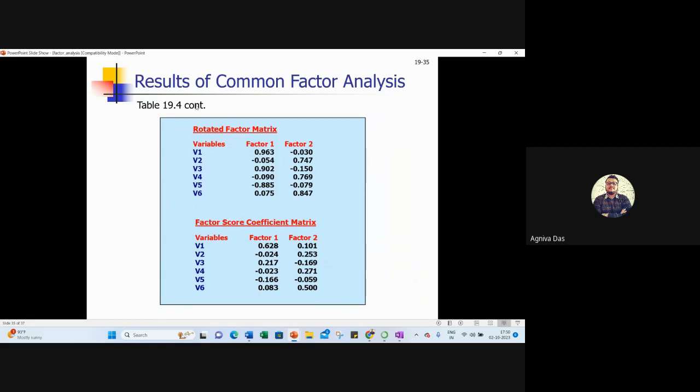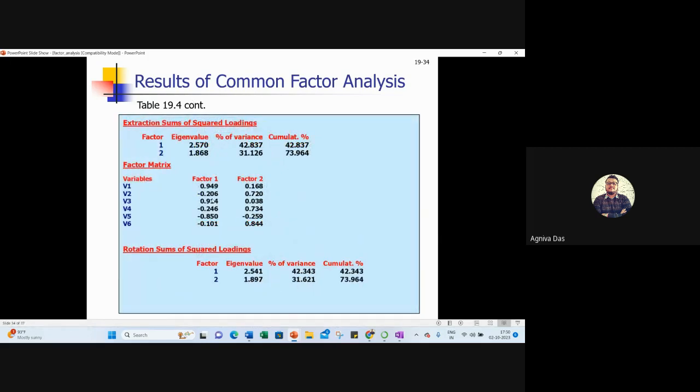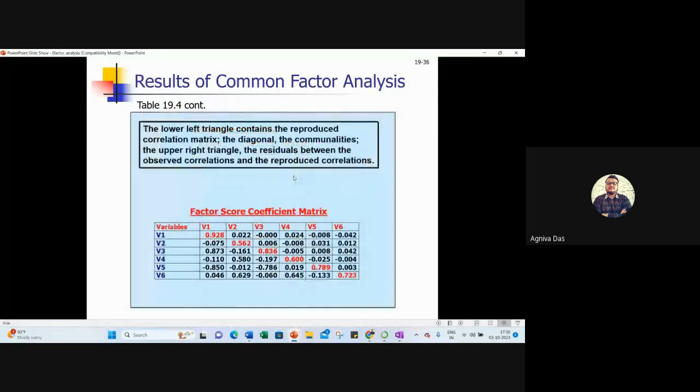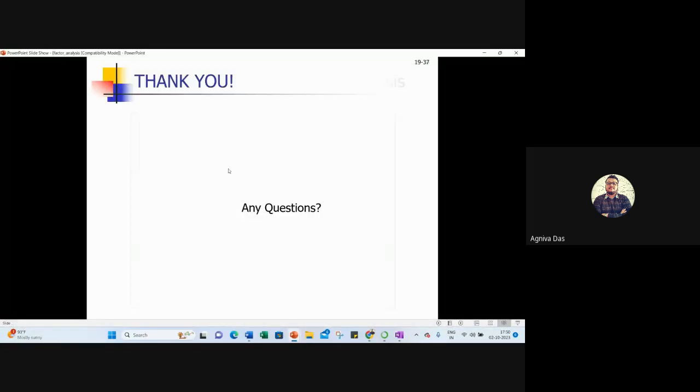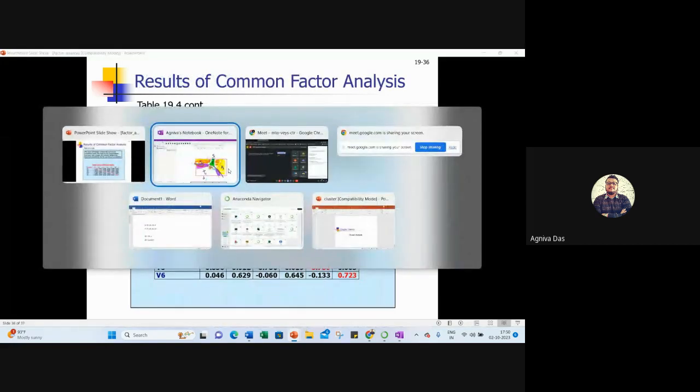As you can see, this is the factor matrix without rotation. This is after rotation. This we've already covered. So yeah, now let us go to Python.